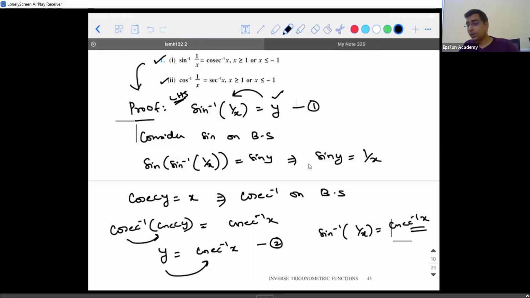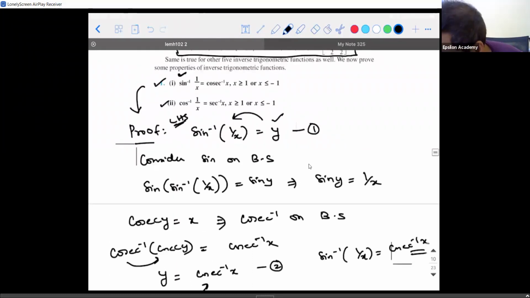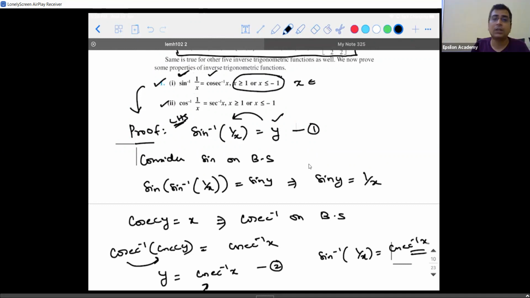What is the important point that we should note? Sine inverse of 1 by x can be equal to cosecant inverse of x only for this value of x. What is the value of x, guys? x belongs to, they wrote it as greater than or equal to 1 and less than or equal to -1. I'll write the mathematical expression.